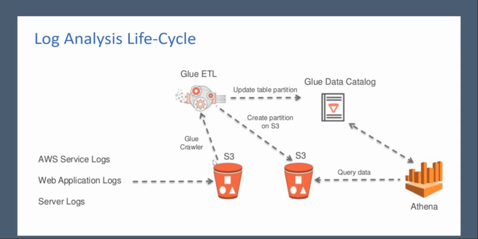And all the logs are dumped into S3, and the Glue crawler is used with an ETL job to update or create partitions, and then objects of the Glue data catalog, creating a partition history and updating the data catalog.